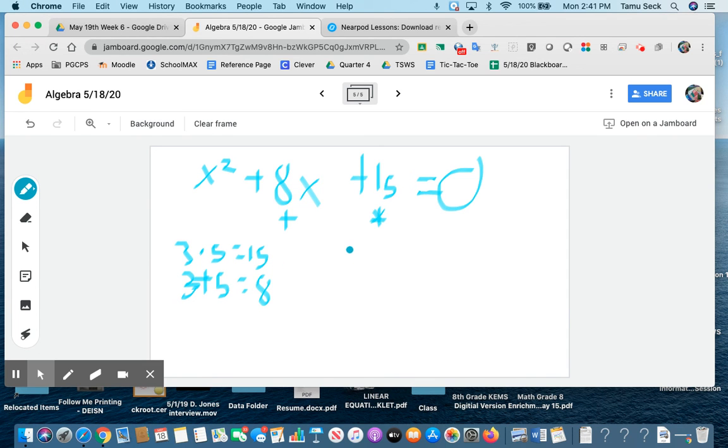So what we can say is x plus 3 times x plus 5 is equal to 0. This is the factored form. This is a trinomial that's factored into two binomials.